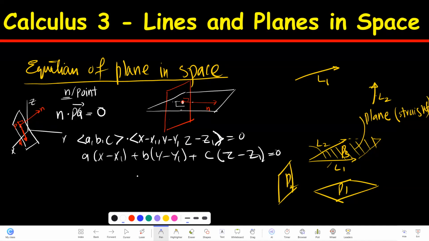And in fact, that is pretty much my equation of a plane that passes through a point and is normal to a vector (A, B, C).